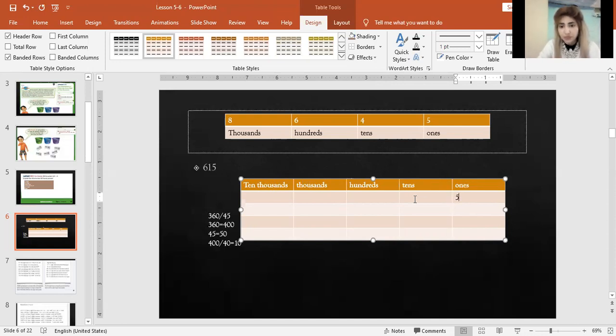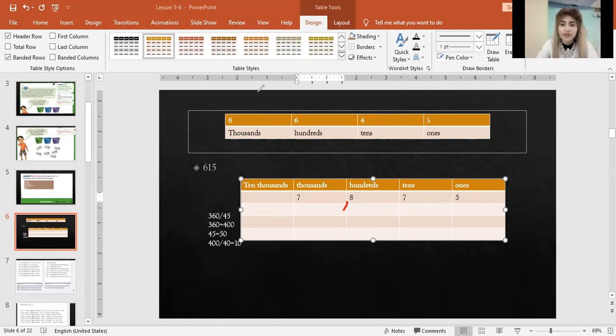If I have number 75, the 7 is tens and the 5 is ones. If I have number 875, the 8 is in the hundreds, 7 is in the tens, 5 is in the ones. If I have number 7,873, don't forget the comma here, the 5 is in the ones, the 7 is in the tens, the 8 is in the hundreds, the 7 in the thousand.